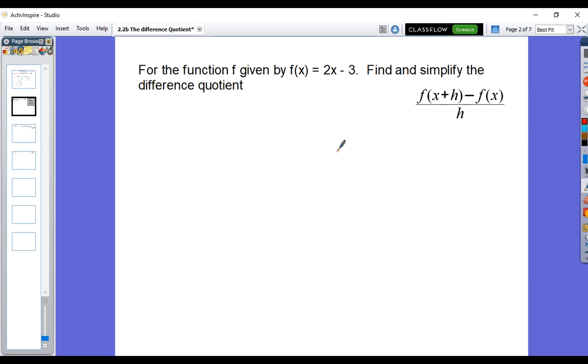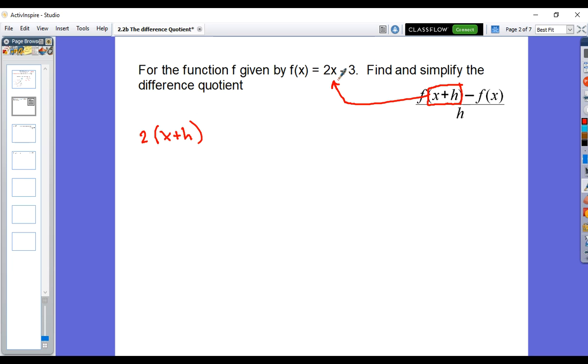So here's a problem right here. It says the function f given by f of x equals 2x minus 3. The way we do our difference quotient is we take what's in the parentheses right here and substitute that in for the x. So when we set this up, for the function of x plus h, we put that in there. So we'll have 2 times the parentheses x plus h.